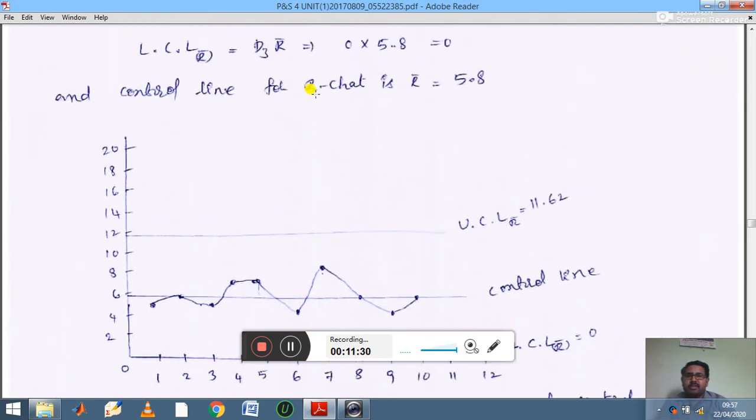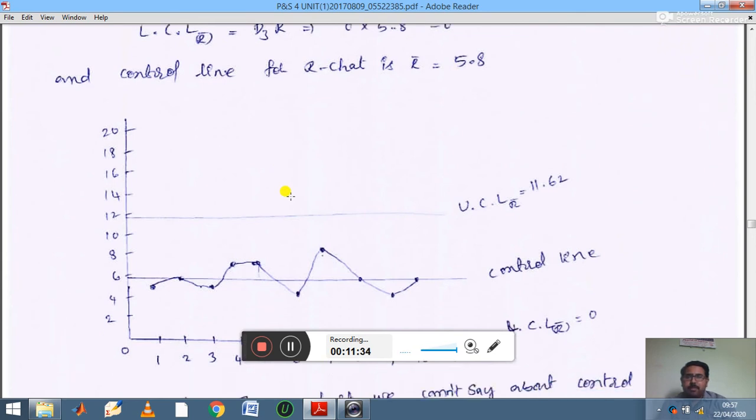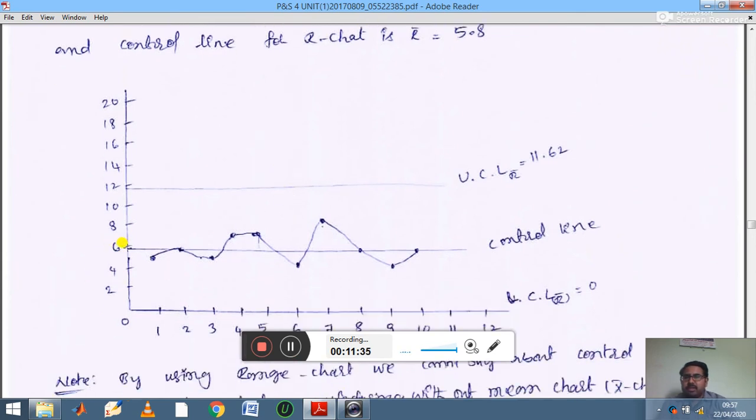Then you go for CL. The CL value is 5.8, so approximately here you get 5.8. From this point you draw a straight solid line. This solid line represents the control limit.